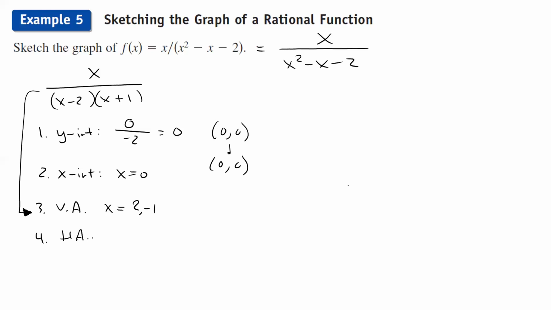And again, those are built upon different conditions, right? So what do you guys say? The degree on top is a 1, right? The degree on the bottom is a 2. It's a proper fraction.